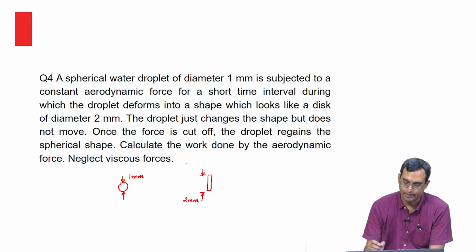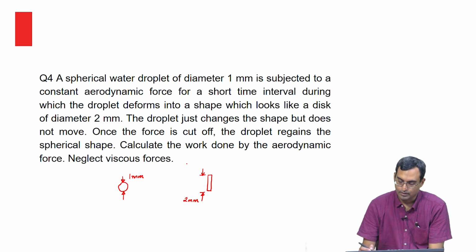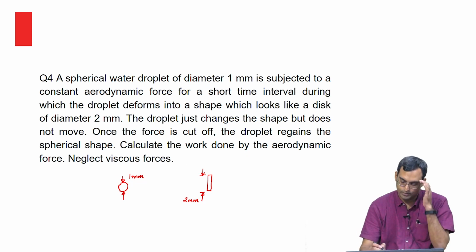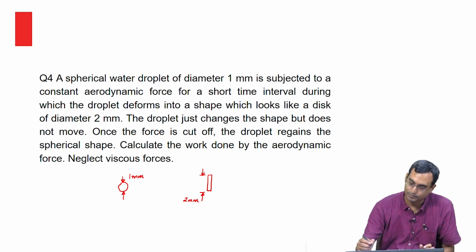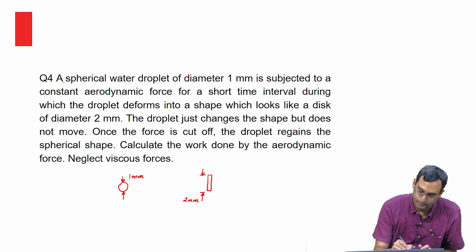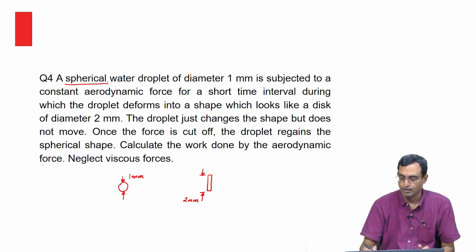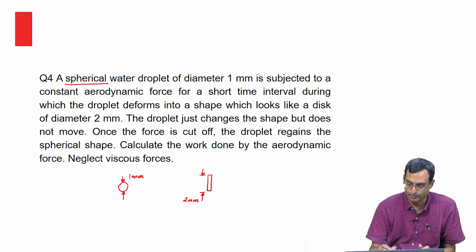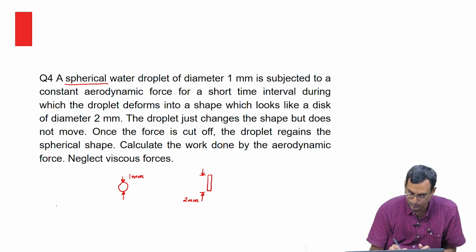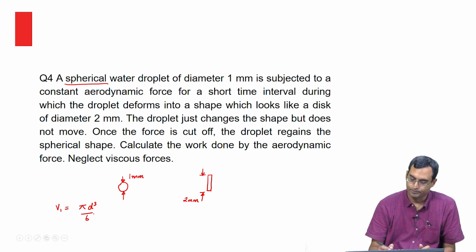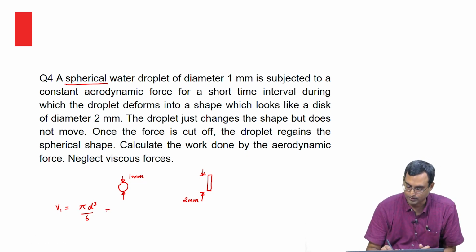We are told that we can neglect viscous forces and other stuff. So, we have this liquid, it is initially in the shape of a sphere. So, if I have a diameter of 1 mm, I can calculate what is the volume of the sphere. So, this would be the volume of the sphere.